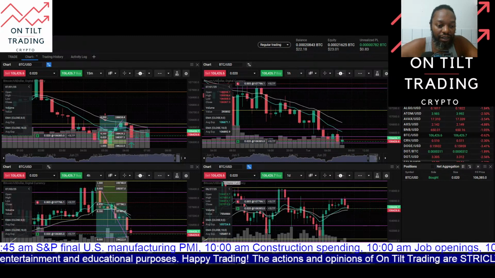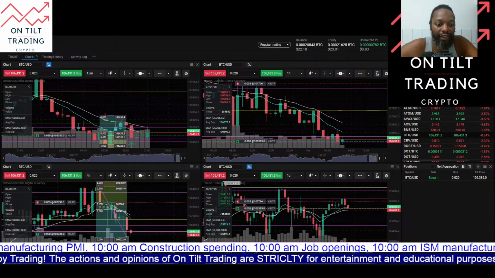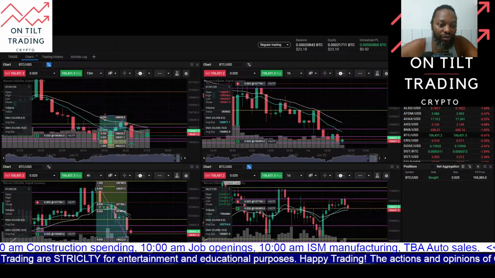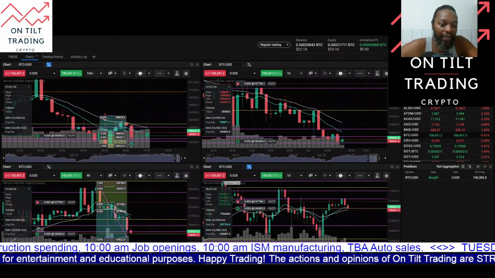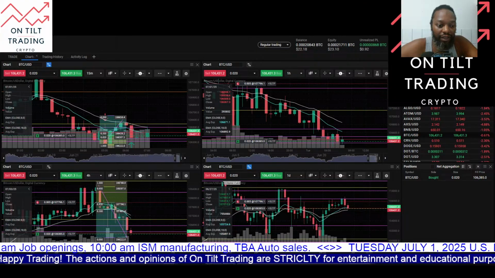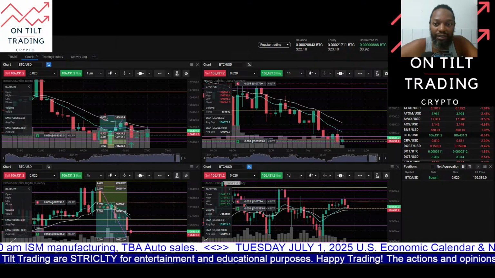So having this market structure shift here, I would anticipate a pullback, as I mentioned, back here to the 9. But for a longer trade idea, I have a limit order set up here at the 62% level of the range that's put in here.